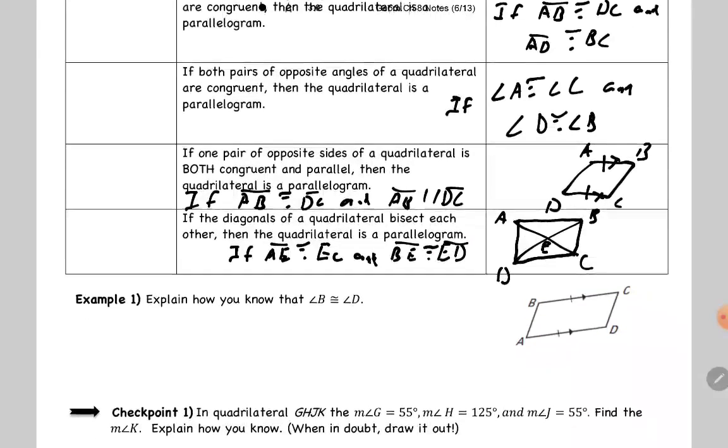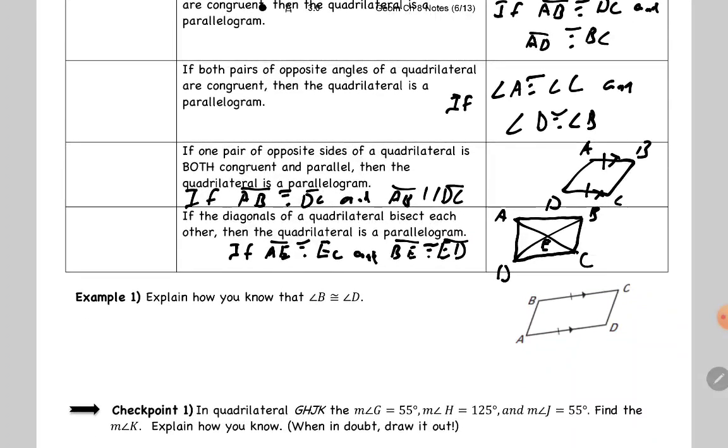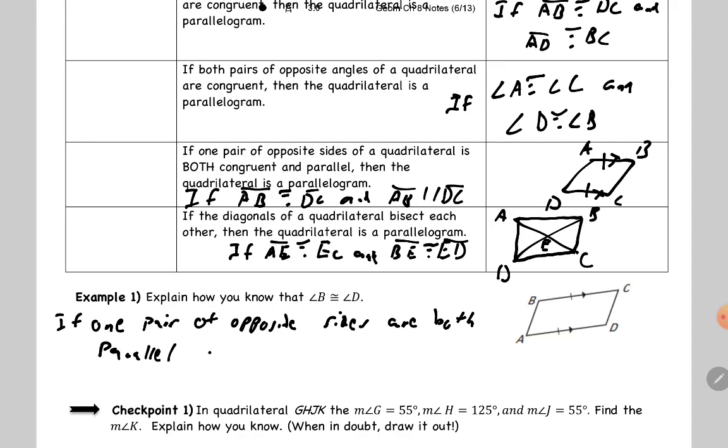So example 1, how do you know that angle B is congruent to angle D? So we're going to say if one pair of opposite sides are both parallel and congruent, then ABCD is a parallelogram.